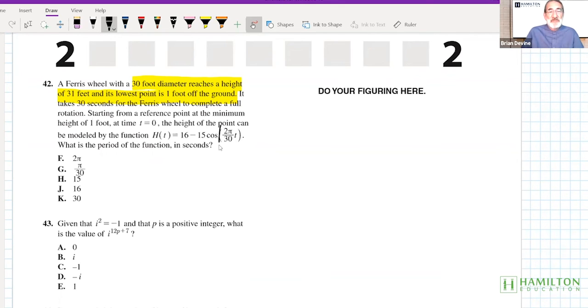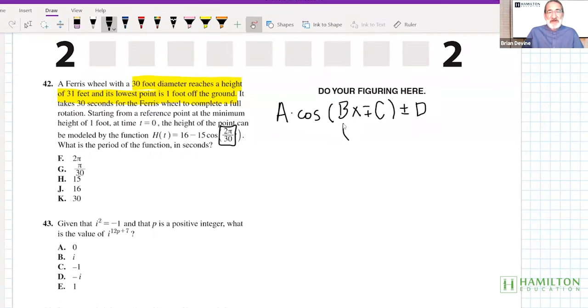Well, remember from trigonometric analysis, the idea is that if we're given a transformation of cosine, so if I take cosine of some angle and I multiply it on the outside, or I add or subtract something on the outside, that's going to change the vertical. Whereas if I multiply on the inside, or add or subtract on the inside, it's going to change the horizontal.